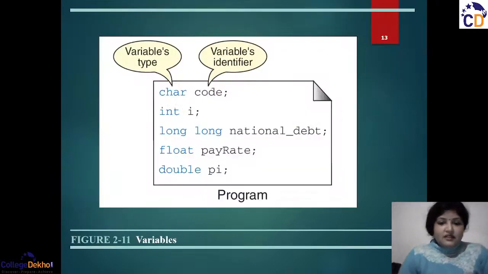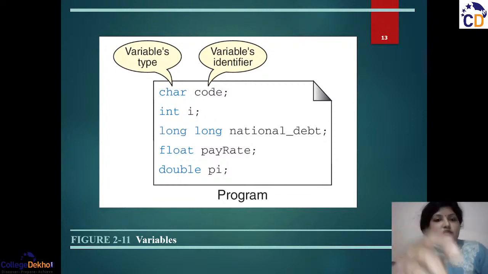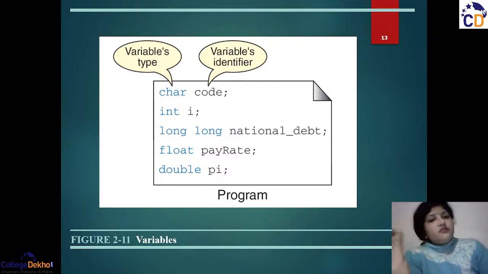So let us see directly the implementation of this. Whenever we define any variable, how do we define the data type with it? We have the data type char, which is the type of the variable, then a space and the variable name. The variable name is code. Code is containing some characters, so the value stored in code is of character type. In the next statement, int i should be holding some numbers.